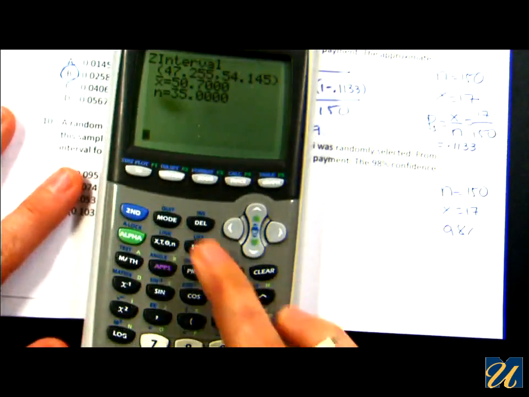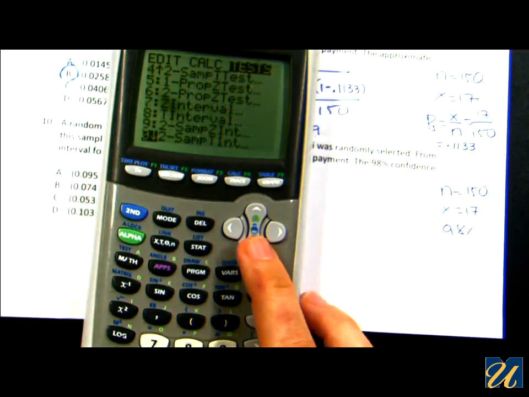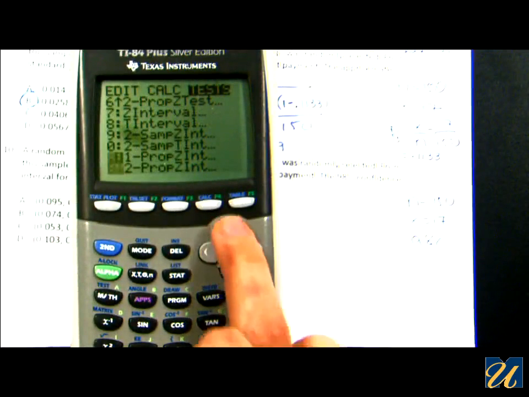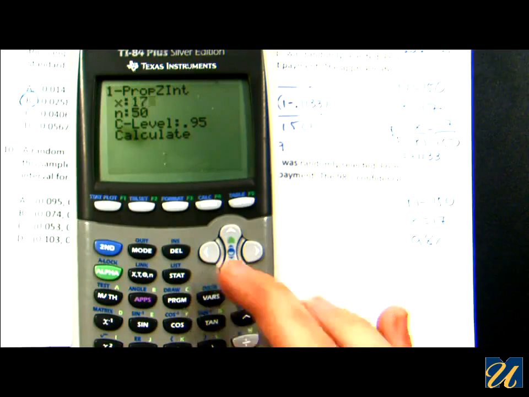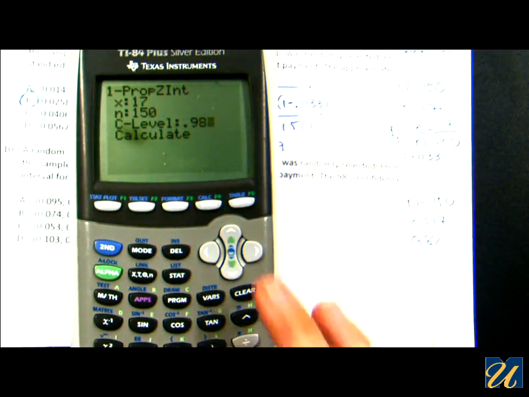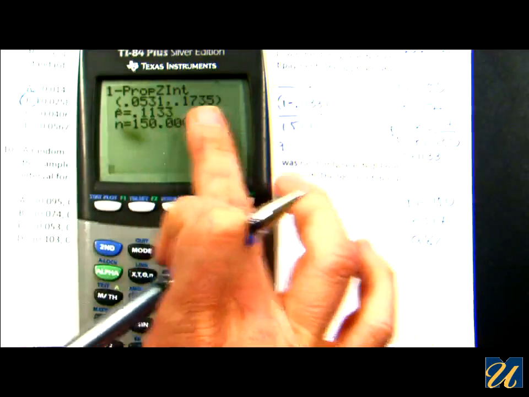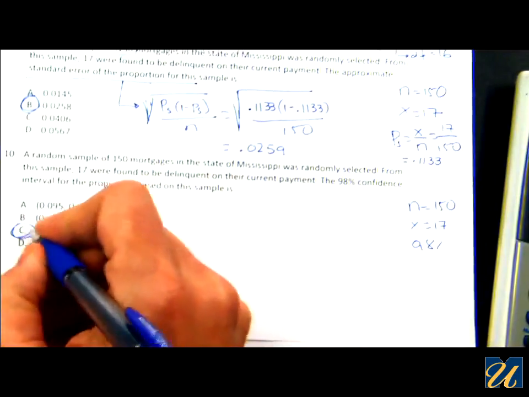We will go to Stat, Test, A. x is 17, n is 150. The confidence level that I'm looking for is 0.98, the confidence coefficient. This will be your answer right here. So the correct answer is C.